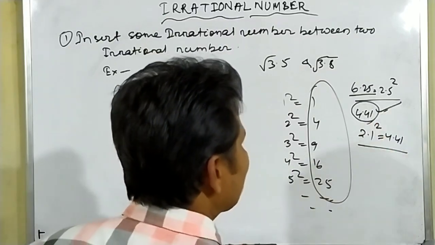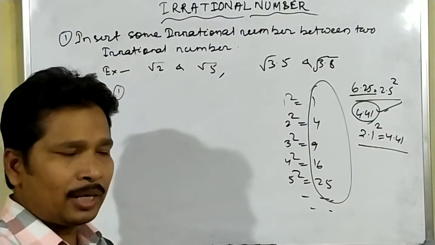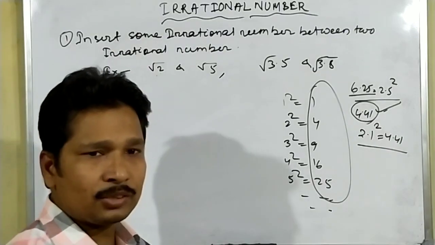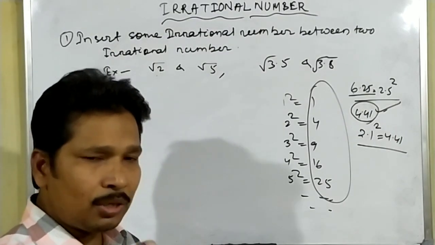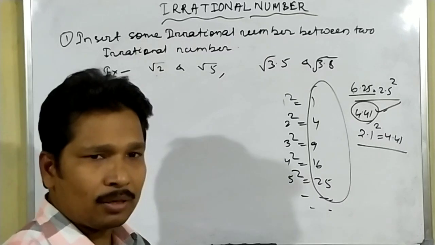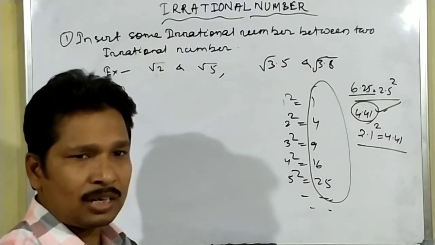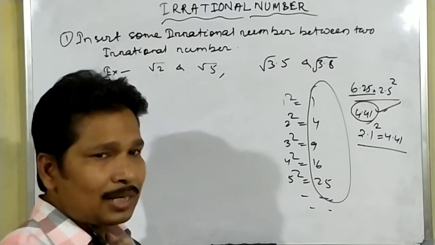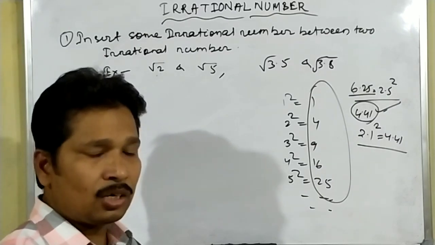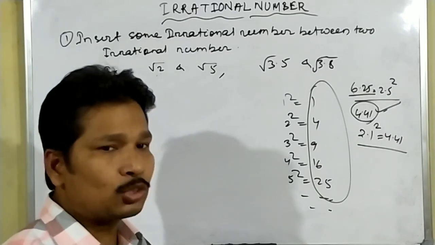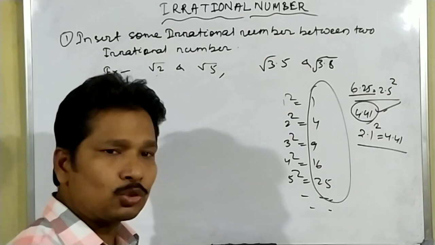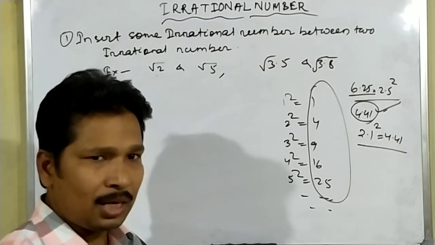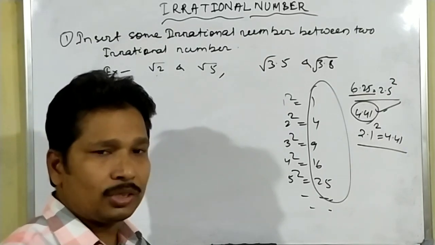So while finding irrational numbers, we write a number and put a root over it, and then it becomes an irrational number. But the number we have written should not be a perfect square. If that number is a perfect square, then the root of that number will become a rational number.